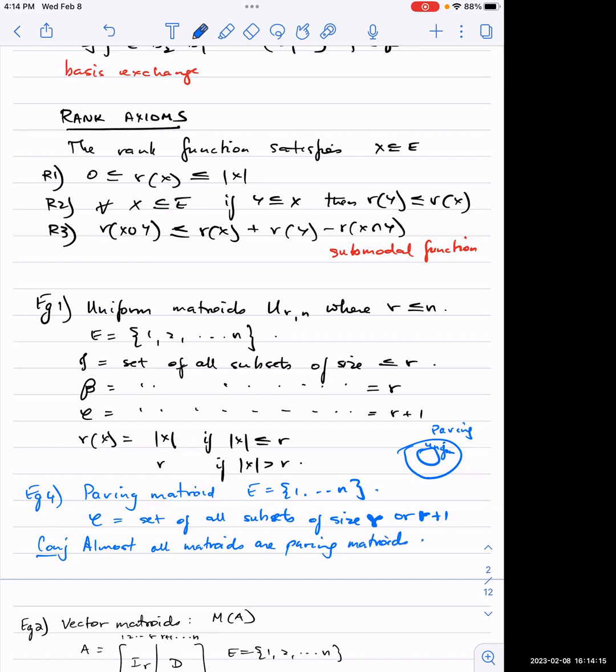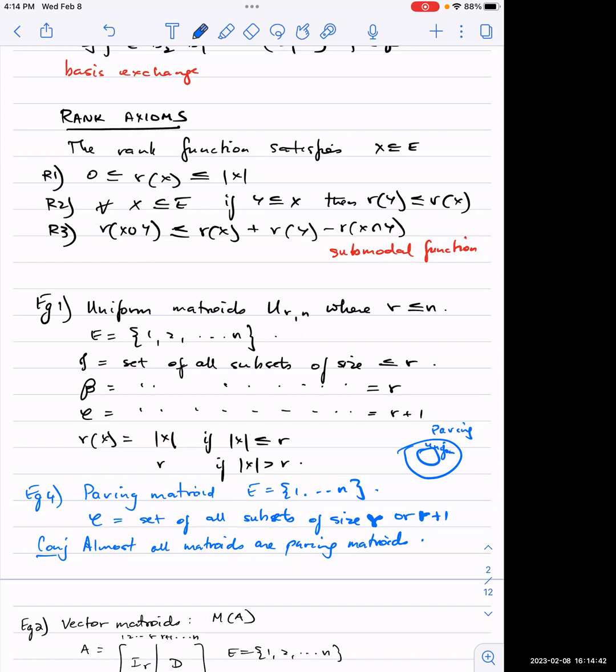And again, Wikipedia has a page on paving matroids, and on that page there are several examples, and then there's a discussion of Steiner systems, which is what I'm hoping to do next. Not next week. We're not meeting next week, but the following week. After the concepts that we do today, we'll be able to talk about designs and stuff.